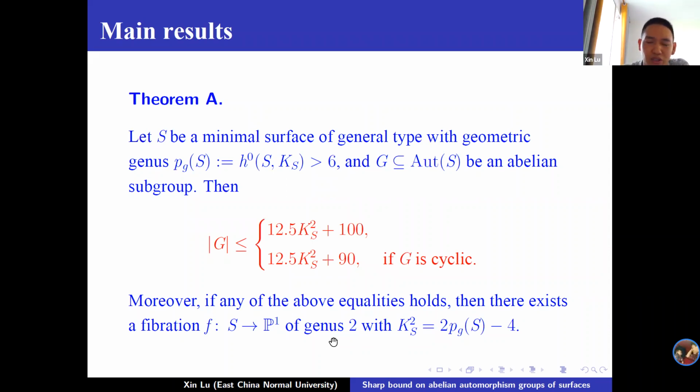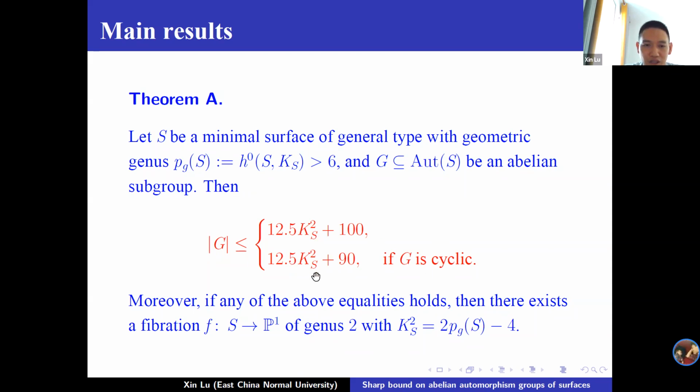Our first main result is to check this conjecture, and we prove the following. Let S be a minimal surface of general type whose geometric genus p_g is at least 6, and G an abelian subgroup. Then we have this bound.